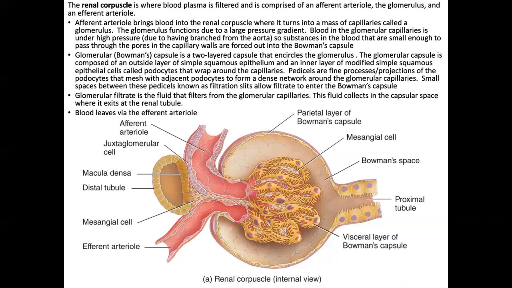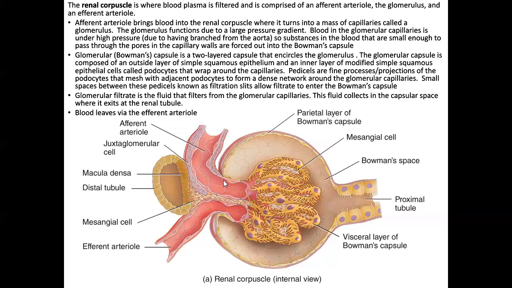Now, how this all works is based on pressure gradients, just like what we've seen previously. The glomerulus is under a large pressure gradient, because the blood inside of here has come very shortly from being within the aorta.